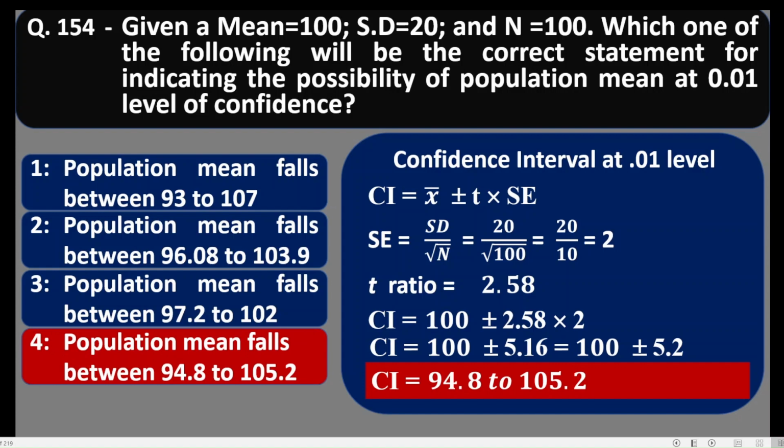It means we have to deduct 5.16 from 100, and then add 5.2, meaning 5.16 is approximately 5.2, to 100. So you will get this range 94.8 to 105.2. The correct option is number 4. Population mean falls between 94.8 to 105.2.